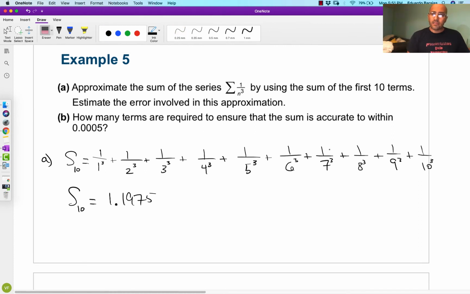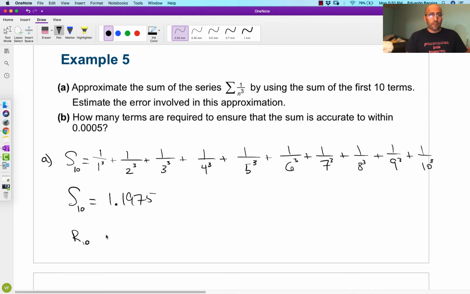Okay, so now next it's asking us to estimate the error involved in this approximation. We got an approximation, but now let's have some estimation about the error. So that means that we need to figure out some value for R of 10.